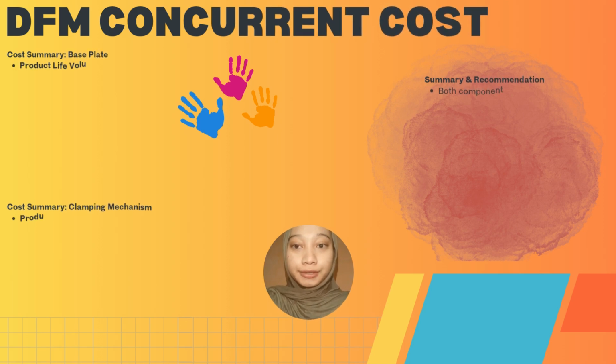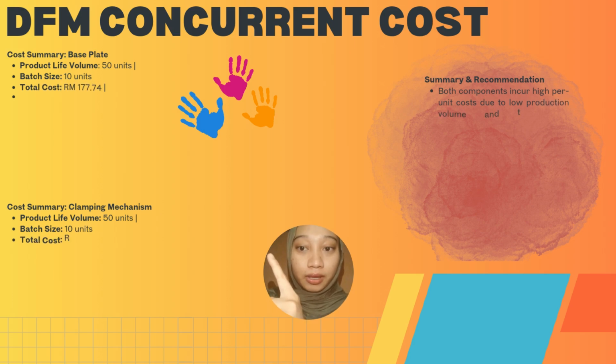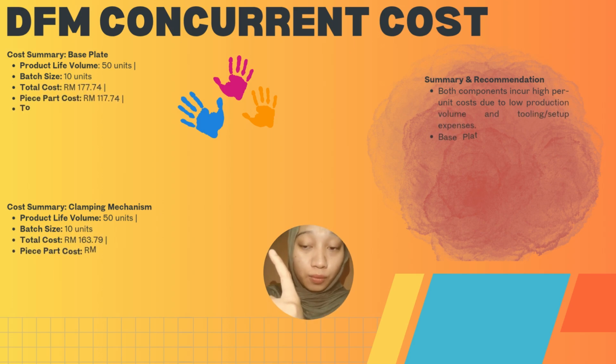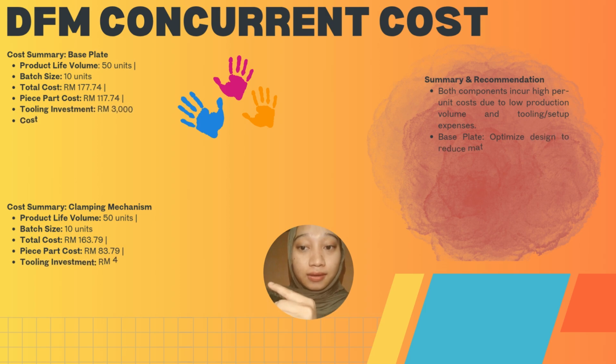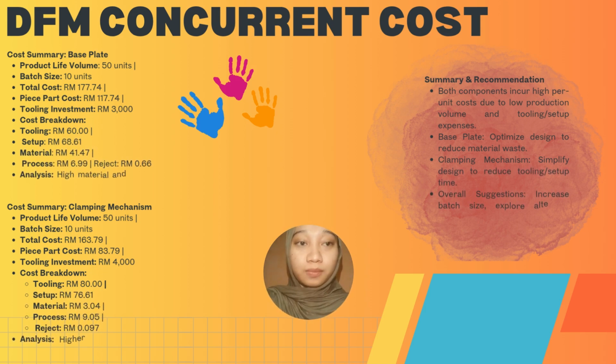DFM concurrent cost. This is the cost summary for the base plate and product line. And then this is the cost summary for the clamping mechanism. It shows the product type, volume, and species parts.